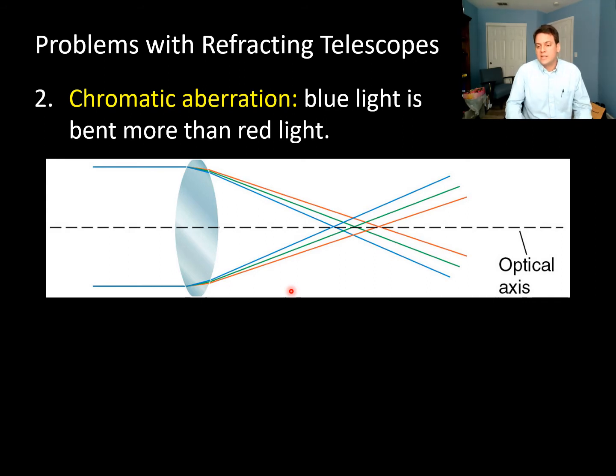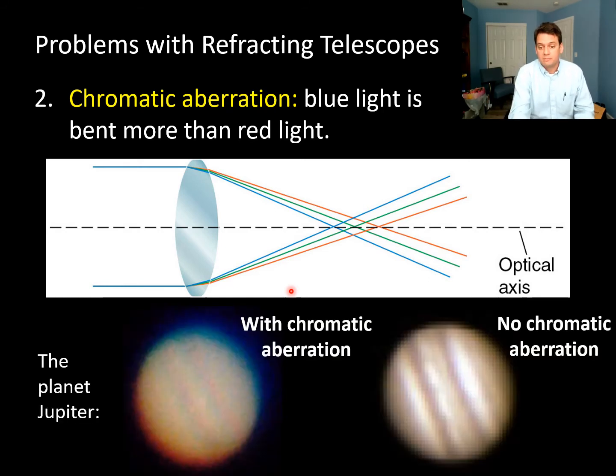And the result is that the image that you form is sort of skewed in color space. The colors are not reflective of what the star itself is. And so again, in the spirit of not being creative with our naming schemes, we call that chromatic aberration, because you have an aberrant color that you've produced.